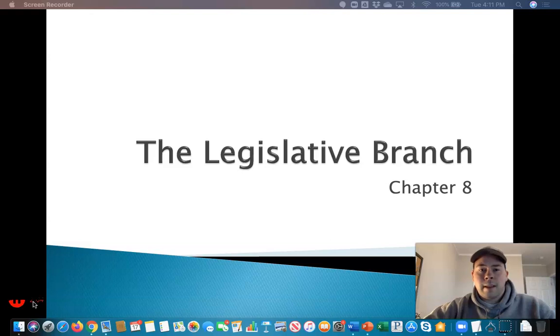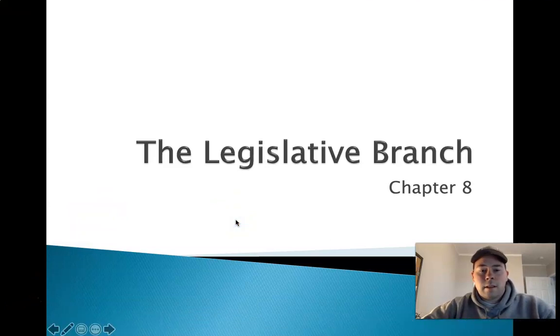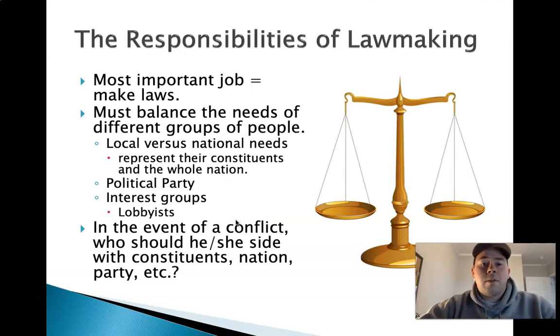With that being said, we're going to go ahead and move into the legislative branch. As we're looking at this information, the responsibilities of the legislative branch can be broken down in a few ways. Legislation is law.